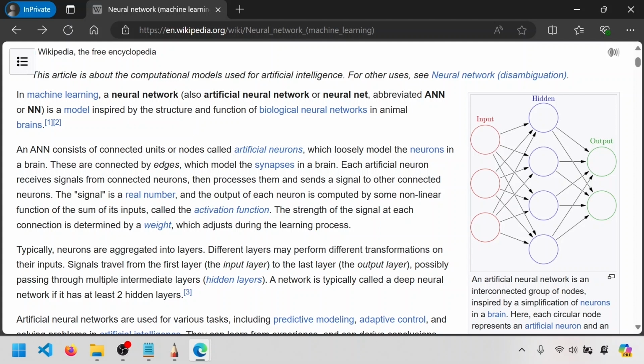So the whole thing is highly inspired by the structure of biological neural networks in animals such as human beings. So it is a fundamentally different way of computing, trying to mimic the human brain itself. ANN, or artificial neural network, is the abbreviation for neural network.